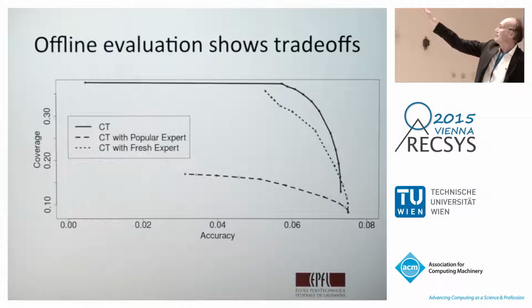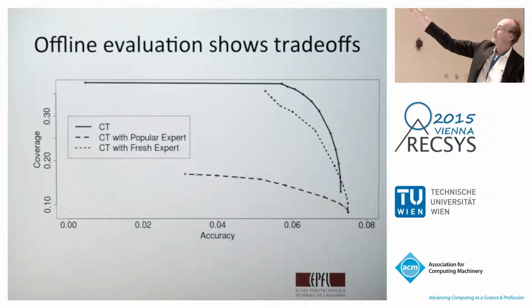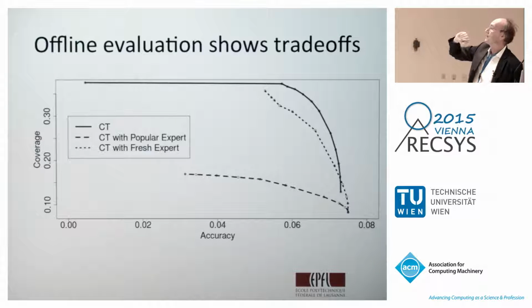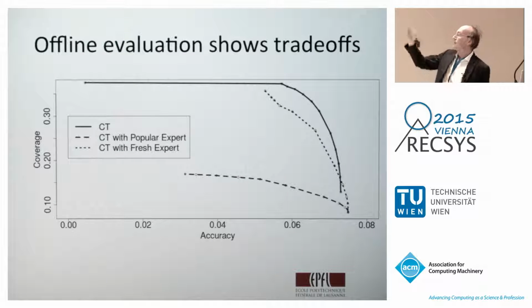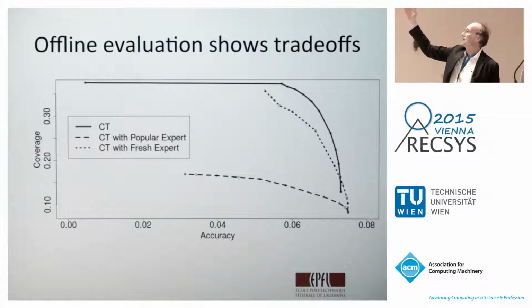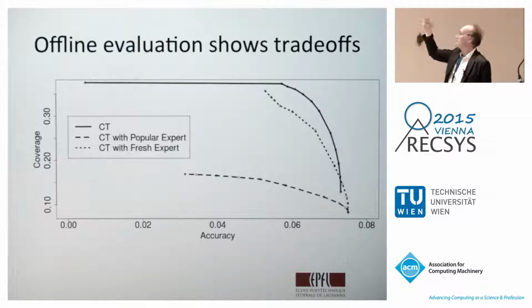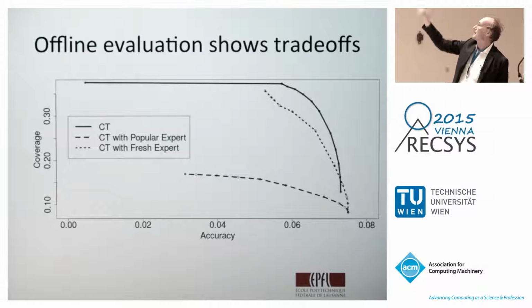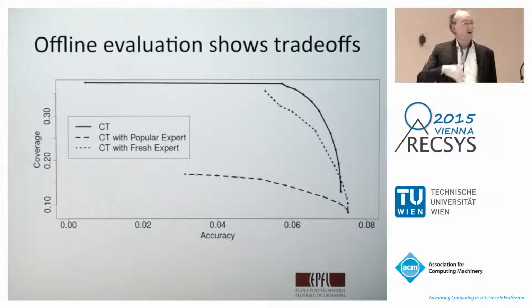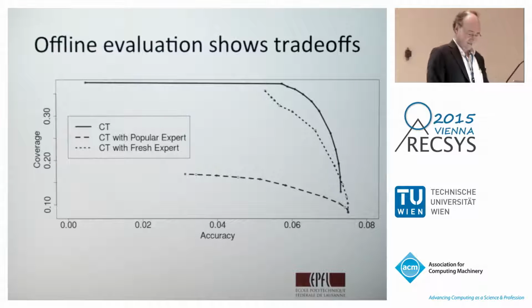Actually, if we want maximum accuracy, we're going to end up with a fairly low coverage, and then we can sacrifice a little bit of accuracy and get more coverage. And if we mix this context tree with the most popular expert or with a fresh expert, these are 2 other variants that were also described in that earlier paper, we get these other curves here. So we can achieve different trade-offs among these different metrics. Okay?